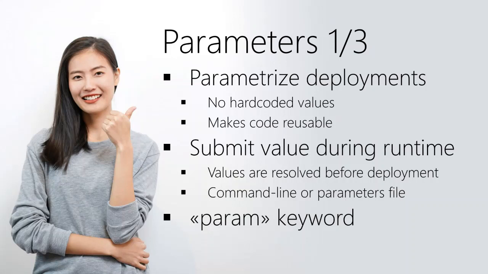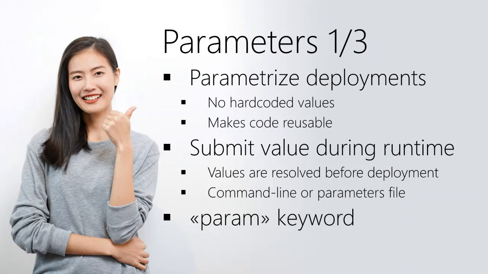And those values can be submitted either on the command line, or, especially if it's lots of parameters, you can have a parameters file that holds all of the different values that you want to submit for the specific deployment. And that also gives you a way to easily define parameter files that you use with the same code, where one parameter file, for instance, has all the values that you use in your dev environment, while the other parameter file that works with the same code has all the values for your production environment.